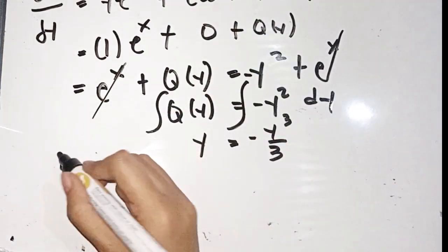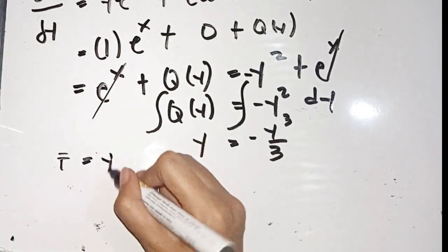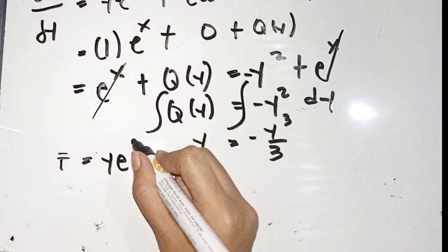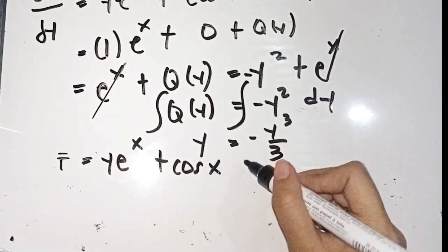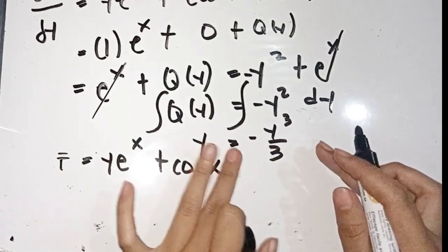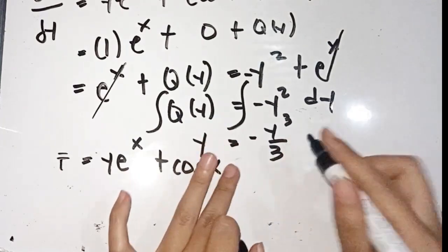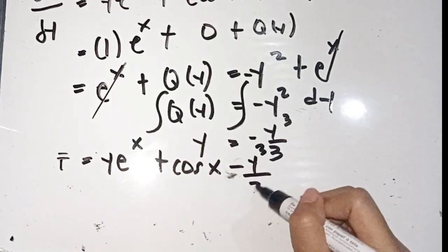So our f now is equal to y e^x plus cos x minus y cubed over 3.